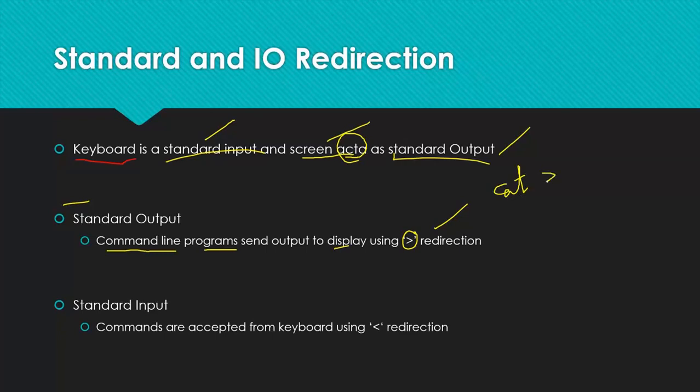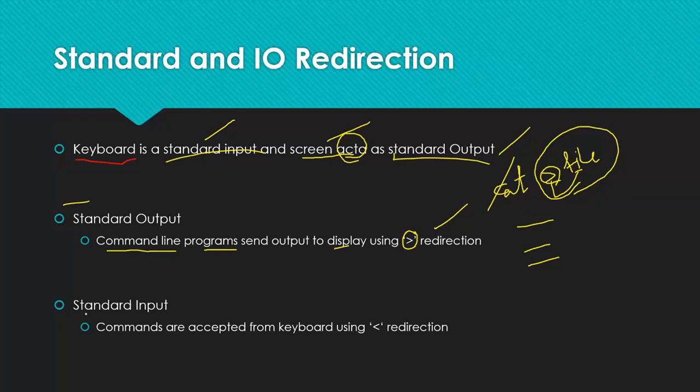Now when I write cat followed by the file name, and I use this redirection symbol, the same command can also be used to write some data onto this file. So whatever information you would give on the display device, you are going to redirect to this file called file1. This example we have seen in the other set of commands.